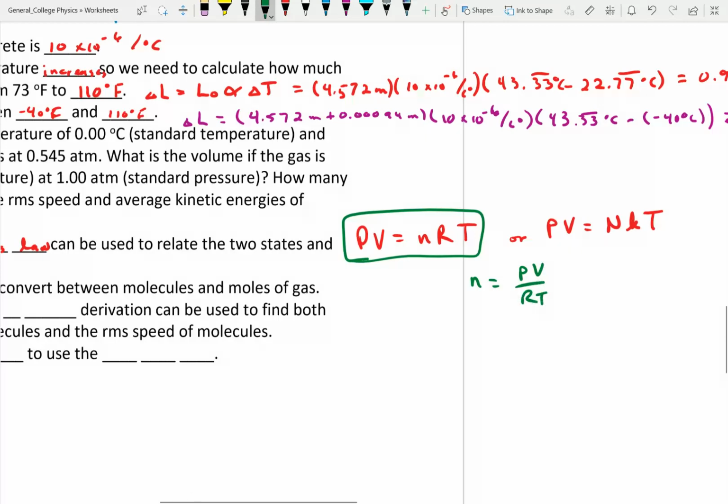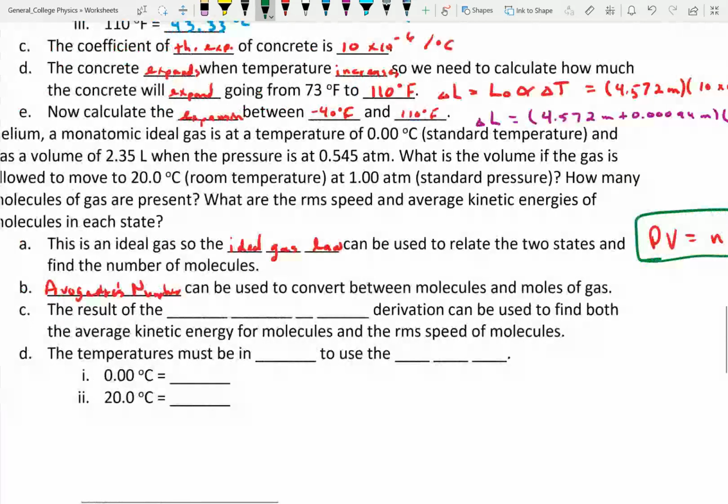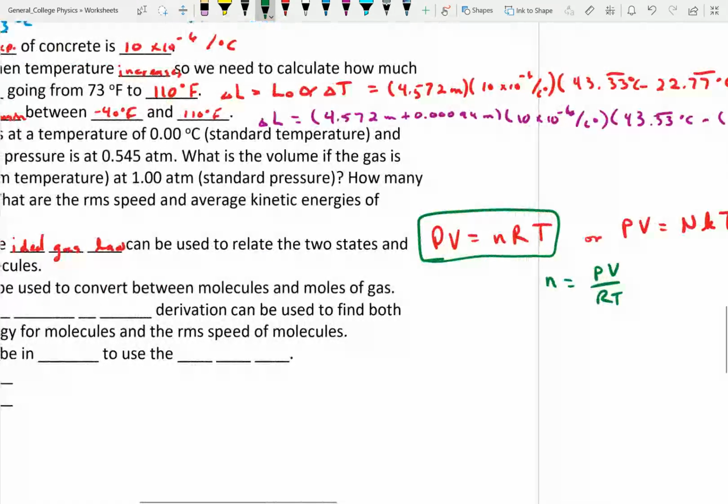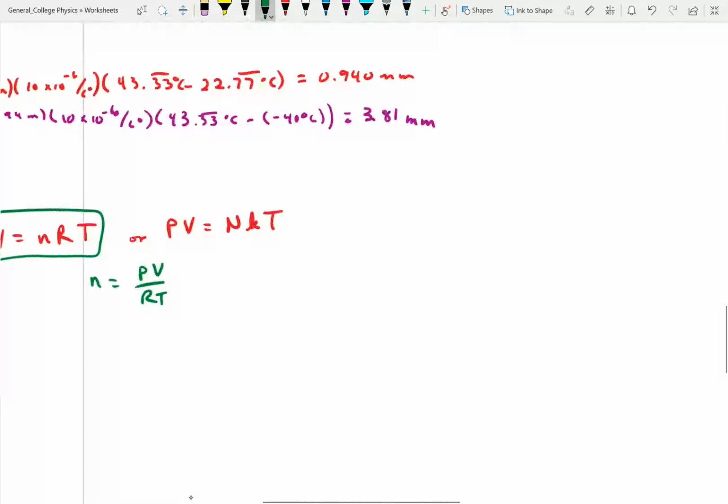Well, you need to know what R is. We're given a pressure in units of atmospheres, the volume in units of liters, and a temperature in units of Celsius. We have to convert temperatures to Kelvin. Because this is not a change in temperature but an actual temperature, we must use Kelvin temperatures.